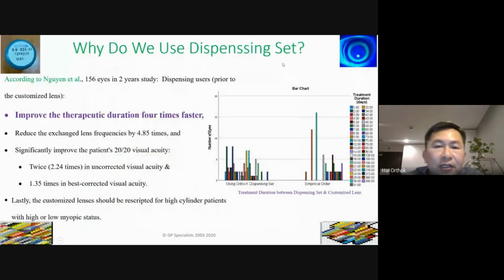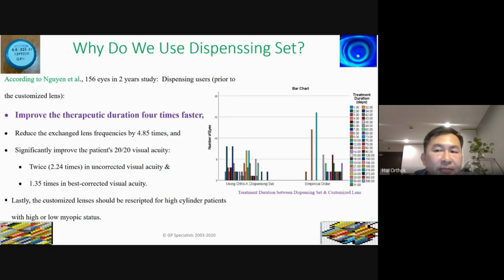Why do I refer practitioners to use the dispensing set, especially the Paragon CRT set? Because when you use a dispensing set, you should be able to troubleshoot the lens immediately. So if you have lens decentration, or a lens with incorrect power, you can fix it immediately. If you customize the lens, especially if you are too far from the lab, it takes too long for the lens to arrive.